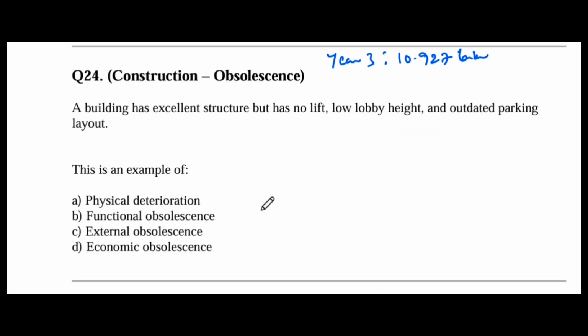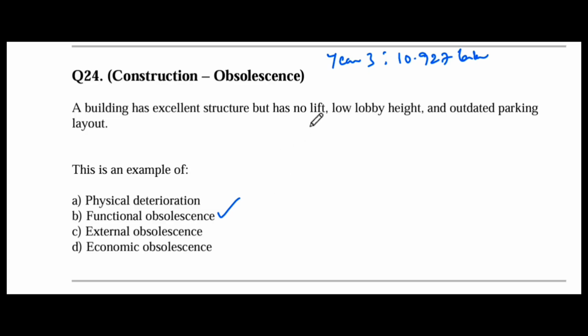Building has excellent structure but has no lift, low lobby height, and outdated parking layout. This is an example of which obsolescence? Functional. And we discussed previously, in functional there are two, curable and incurable.